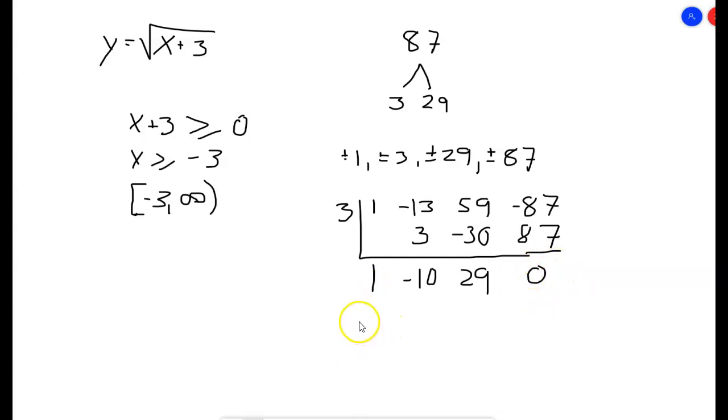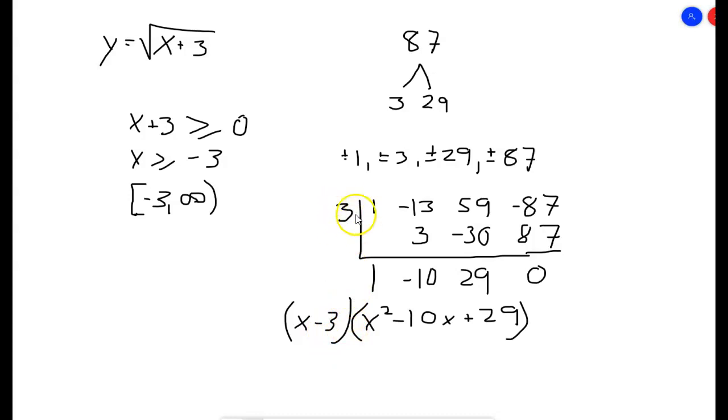So I'm going to get a second degree polynomial, quadratic, of x squared minus 10x plus 29. So if I put it like this, I know I have factored out a x minus 3.